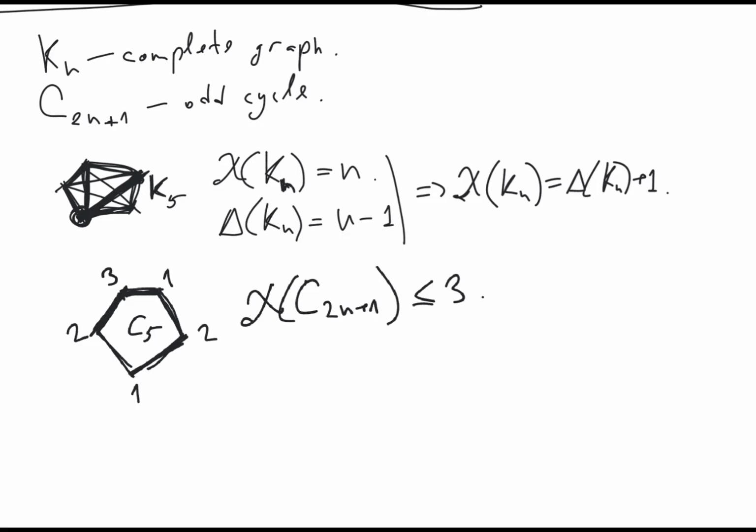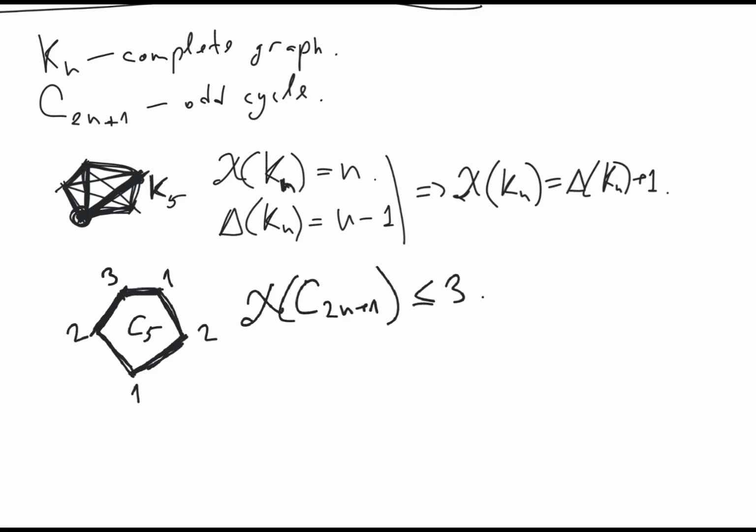Now, why is it not 2 colorable? Well, the even cycles are actually 2 colorable. We can just alternate the colors and that's it. But odd cycles are not 2 colorable because there is a theorem, a criterion for when a graph is bipartite, and bipartite graphs are exactly the 2 colorable graphs. And the theorem says that a graph is bipartite if and only if it doesn't contain odd cycles.